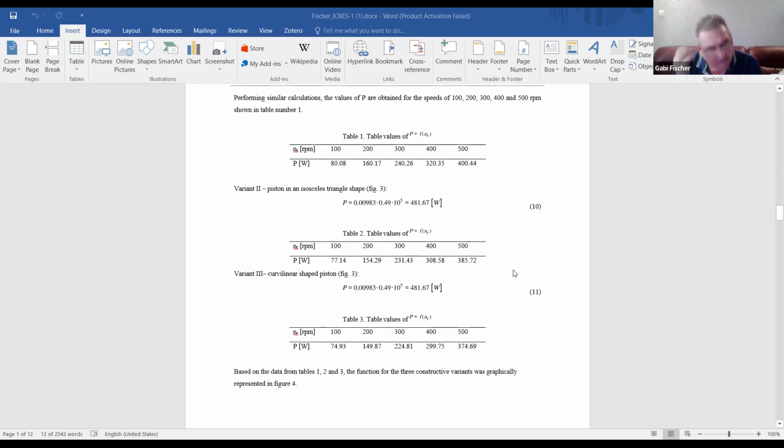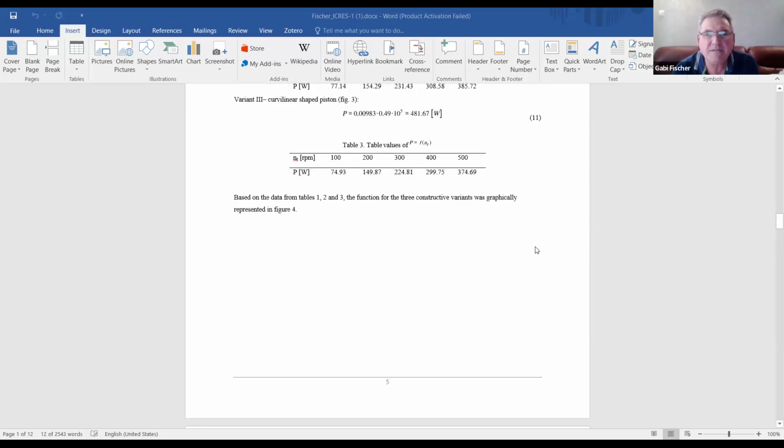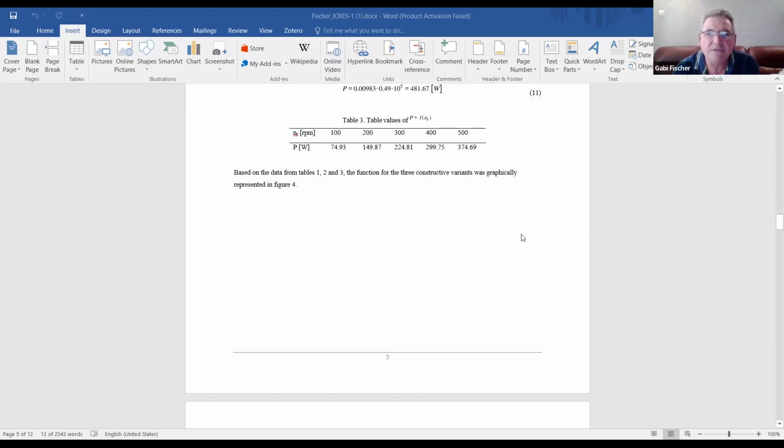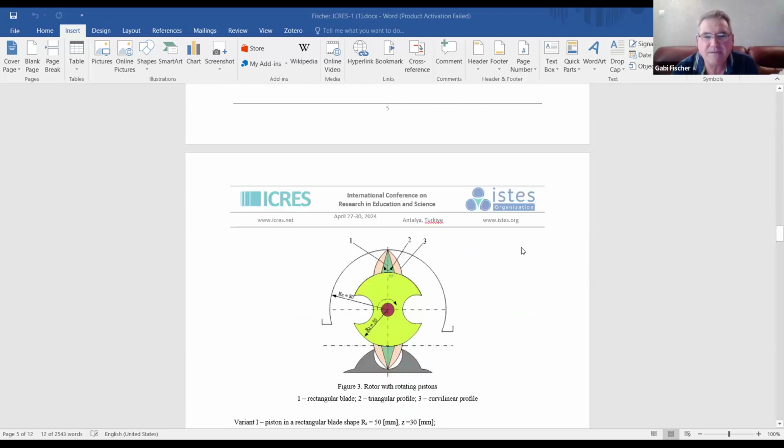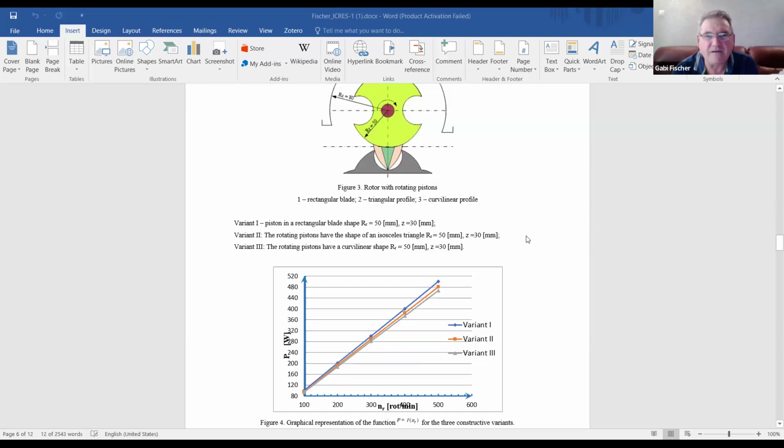Okay, we made three different variant curves of linear shaped pistons, based on the data from the tables shown before for three constructive variants, which were graphically represented earlier.